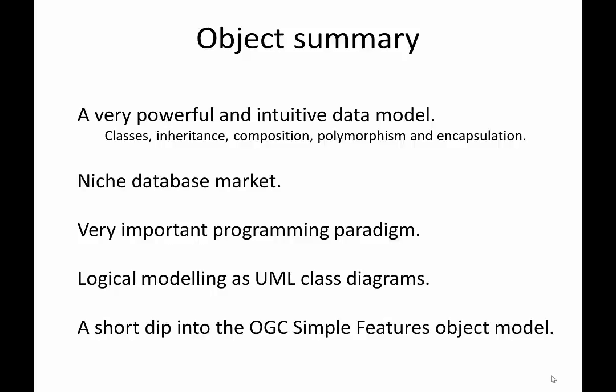And we've seen that the OGC simple features model is an object model. It's designed as an object model, but of course, as we know, it's implemented in Postgres through a combination of relational technologies and object technologies. That's basically storing your objects in a relational database structure. That's what you're doing in an object relational database.